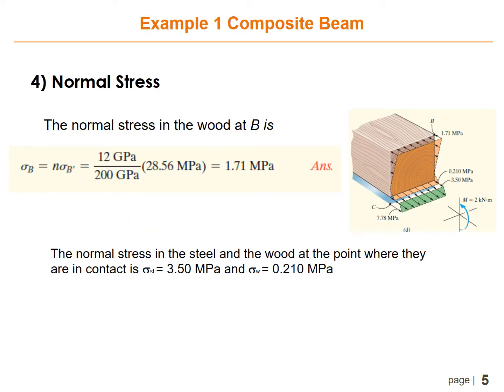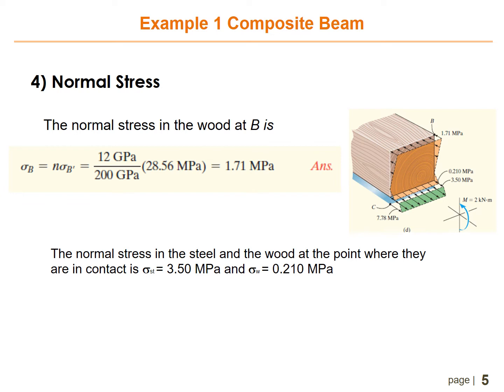Okay, and then we continue, as the question asks to determine the normal stress at the points B and C. So the normal stress in the wood at B is stress B equals n times stress B prime.